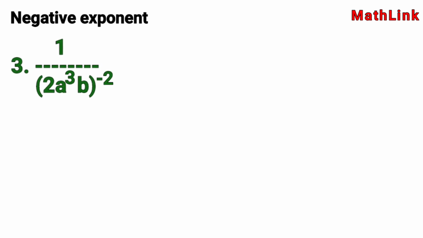Example number 3. 1 over the quantity of 2a cubed b raised to negative 2 is equal to the quantity of 2a cubed b raised to 2.